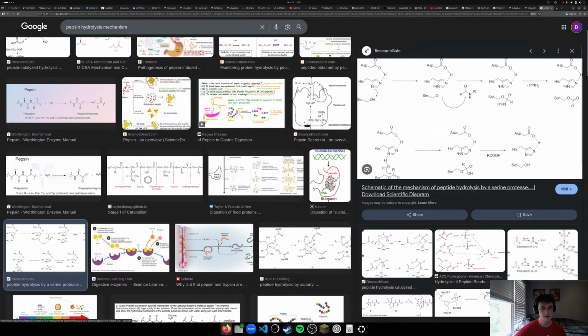This is a schematic mechanism of peptide hydrolysis by a serine protease.